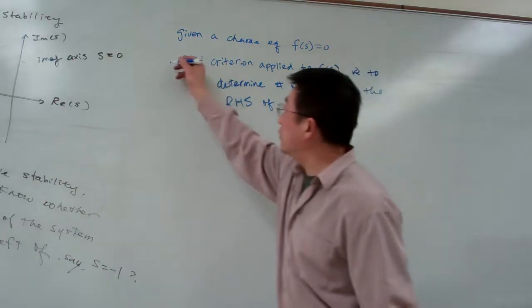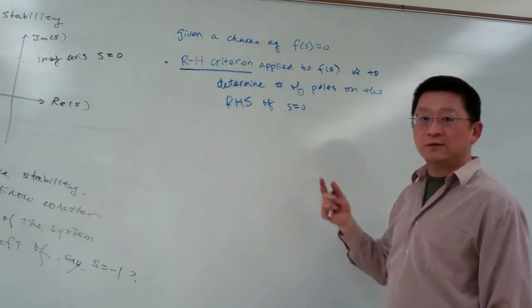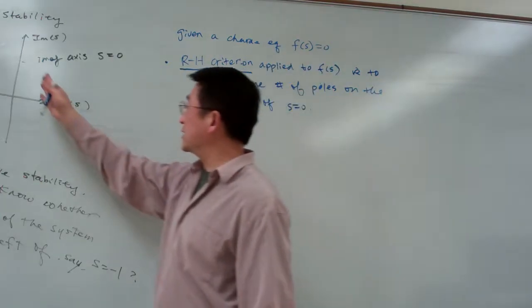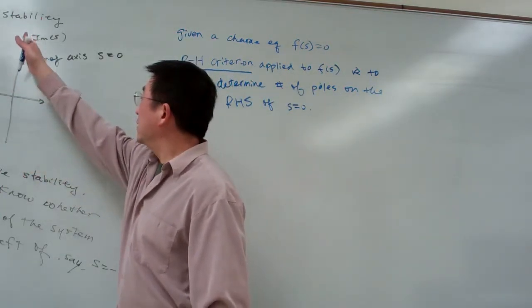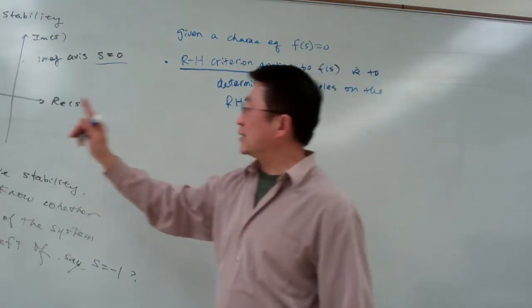That is what we have learned: we justify using this axis whether poles are to the right or not. Now we want to study this one.